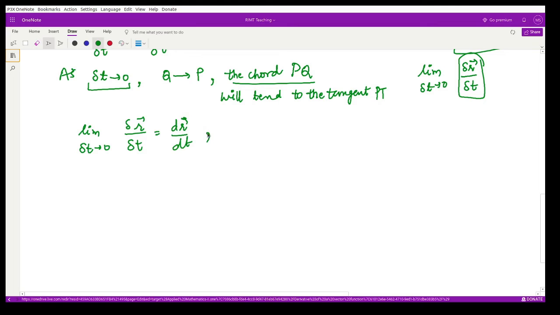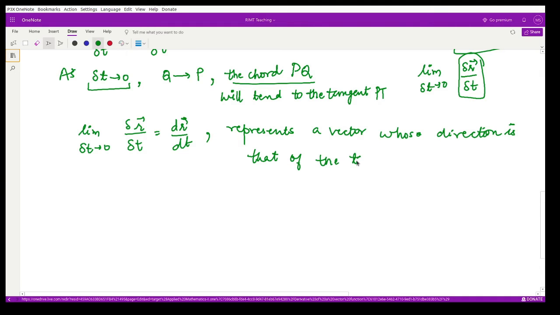Now this thing, what does it represent? This represents a vector whose direction is that of the tangent vector, the tangent line PT to the curve at the point P. So in particular, we can say that scalar variable t is the time, r is the position vector, right?